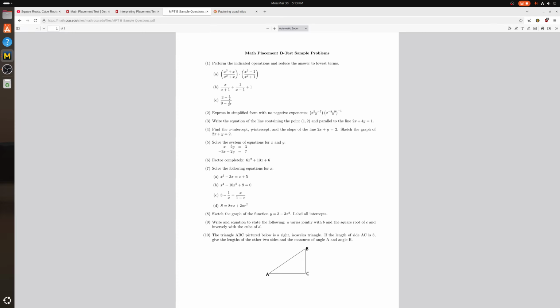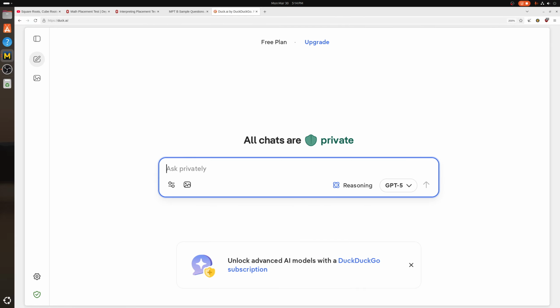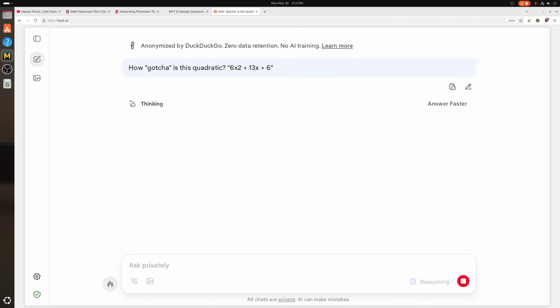Oh, this is so cancer. What the fuck? No. You got me. No. You got me. How? Gotcha. Is this quadratic? I need you to think harder.